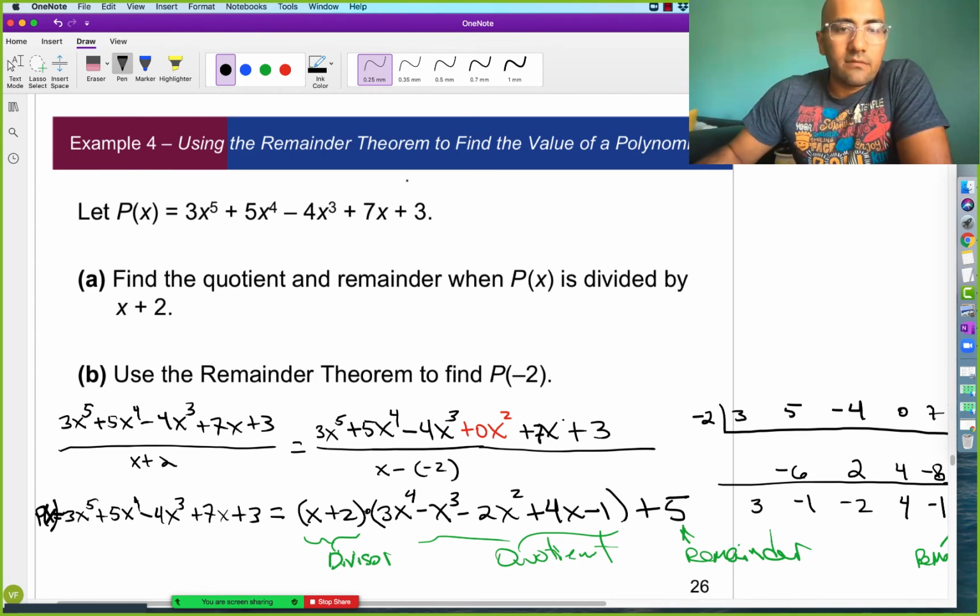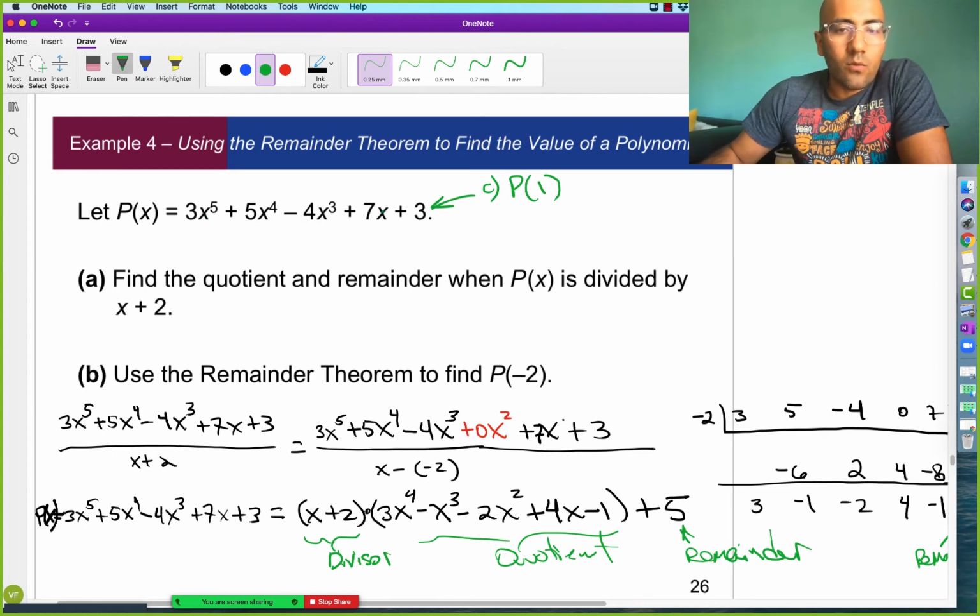So if I said, okay, given this polynomial, let's say you're asked, part C, find P of 1. I could plug in a 1 in all these, and that's not hard to do.